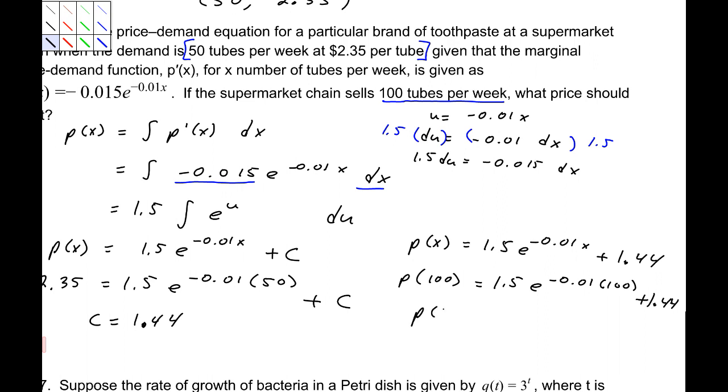And so our price at 100 tubes is $1.99. Is that right? That doesn't seem right. I did this earlier, but I'll do it again. Negative 0.01 times 100 plus $1.44. That is $1.99. Okay, that works, which is what we were after here.